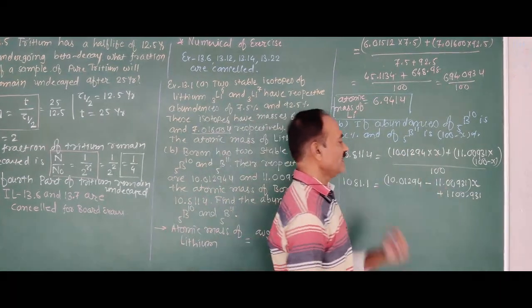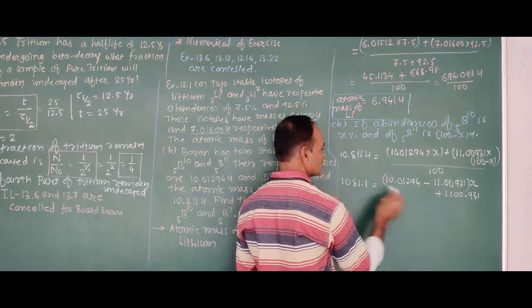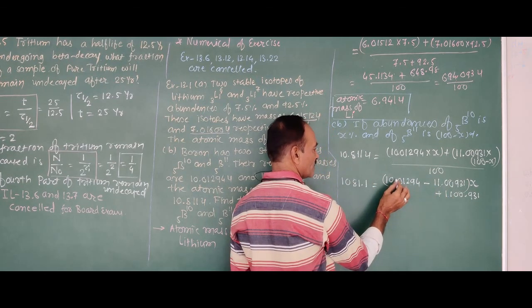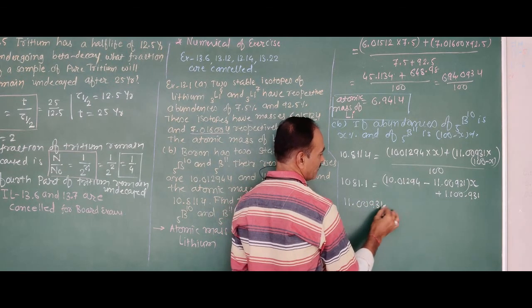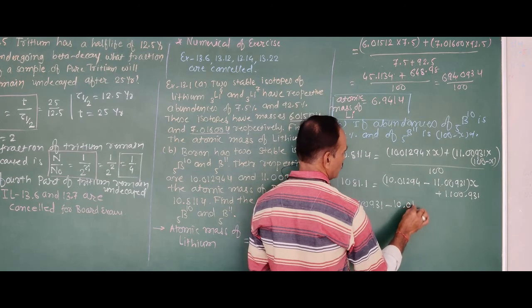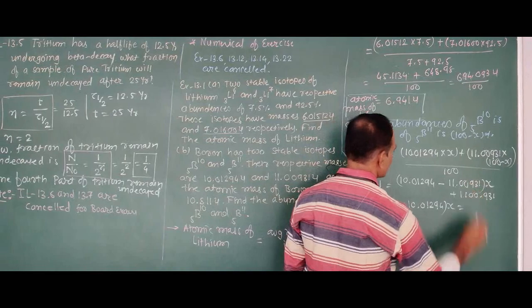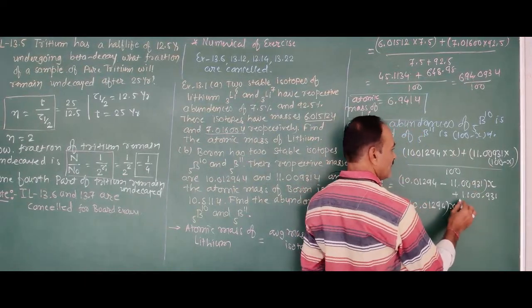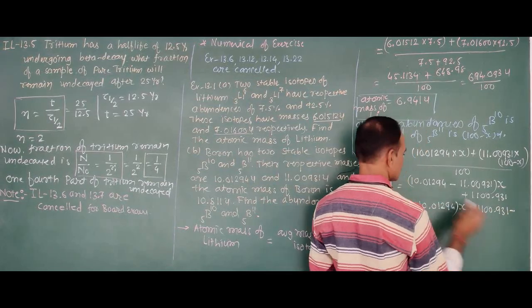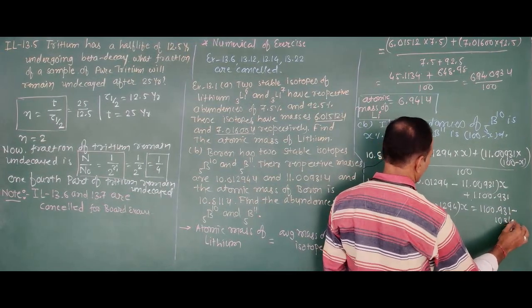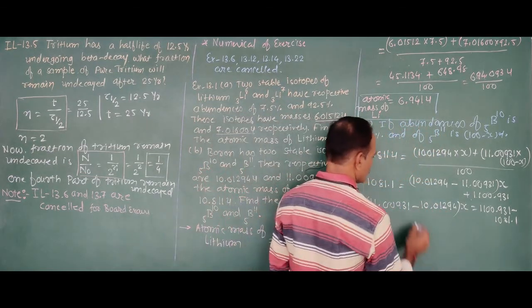Our aim is to find out x. Therefore, we take the 1081.1 to this side and this part to the other side. So this negative becomes positive and this becomes negative. Therefore, 11.00931 minus 10.01294 times x is equal to 1100.931 minus 1081.1.